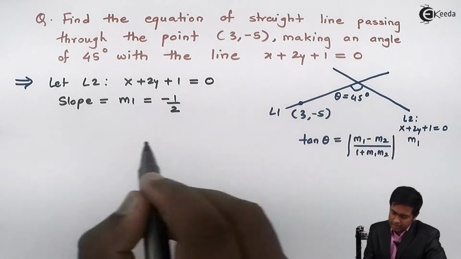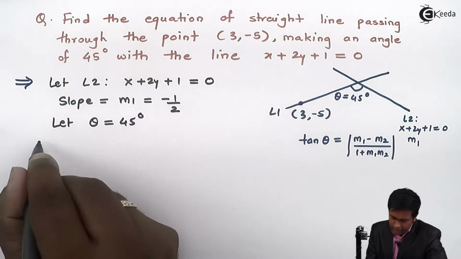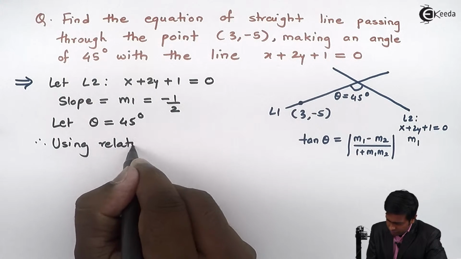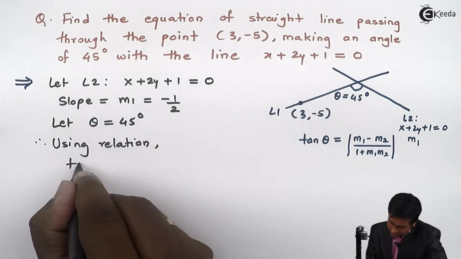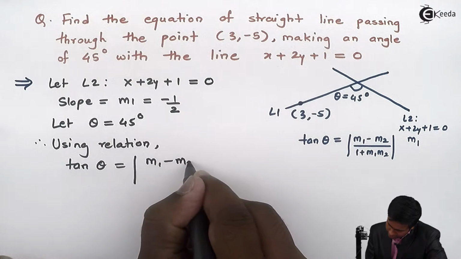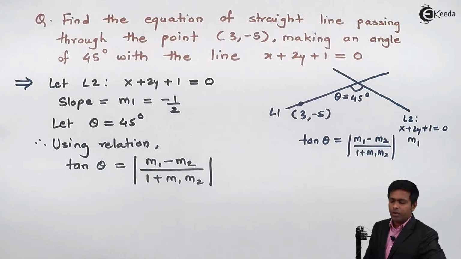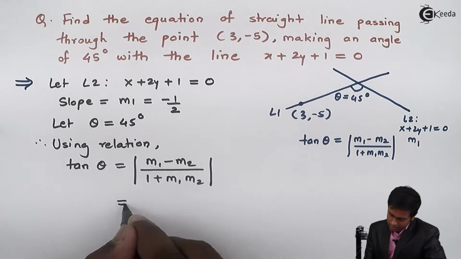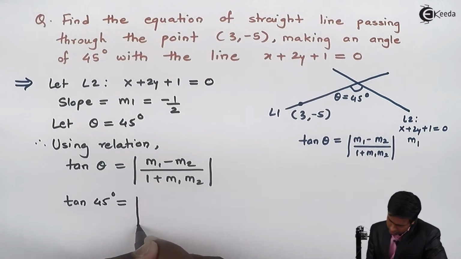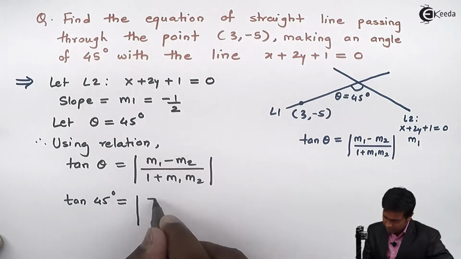After that, angle theta, so let theta be equal to 45 degrees, and therefore using the relation tan theta = |(m1 - m2)/(1 + m1 m2)|, we will get tan of 45 degrees. Here m1, that is the slope of the second line, is -1/2.